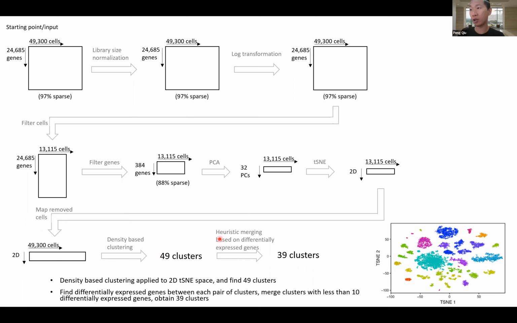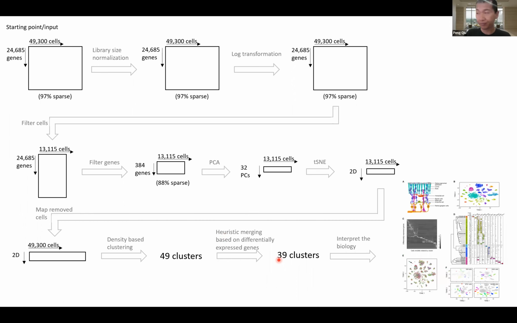So there was this heuristic merging step based on differentially expressed genes, and eventually they ended up with 39 clusters, and those 39 clusters are what they used for further biological interpretation and experimental validation.